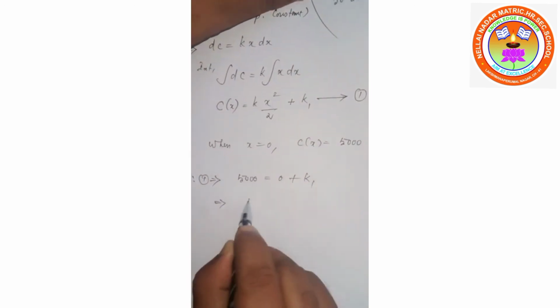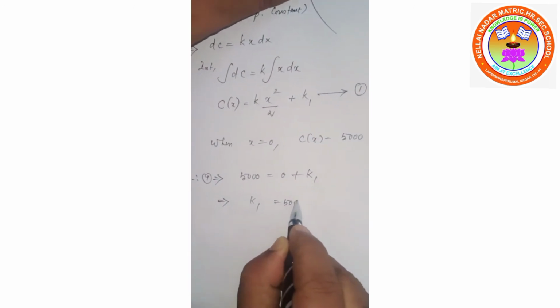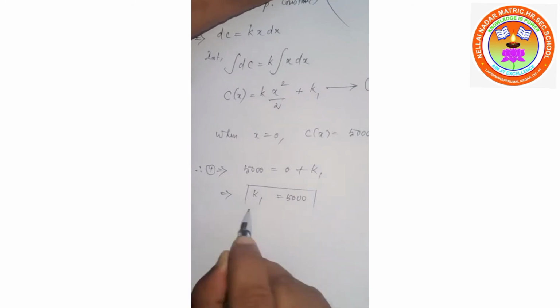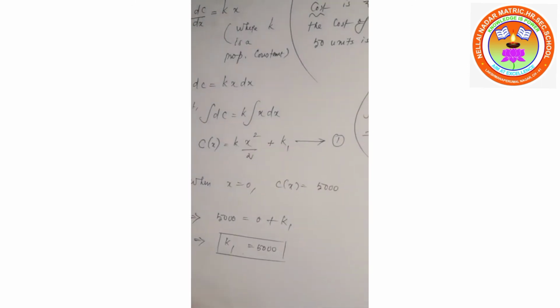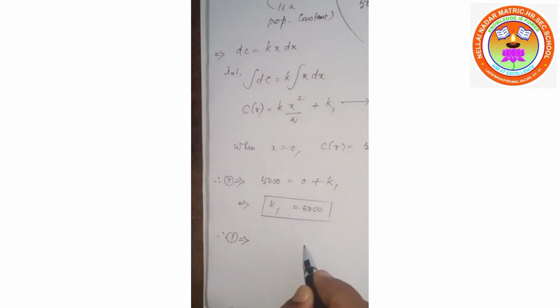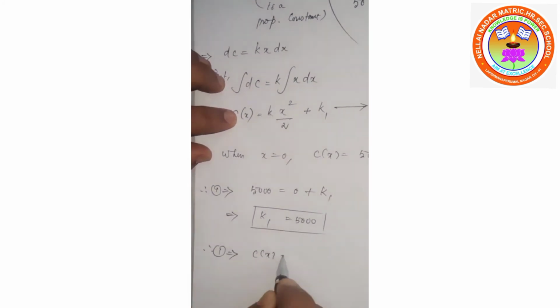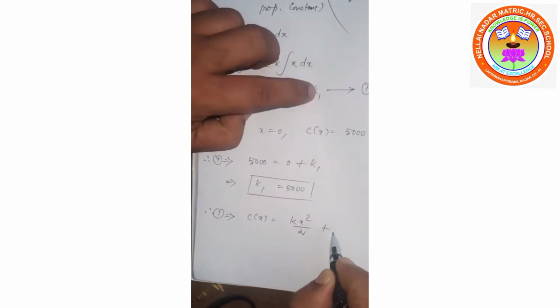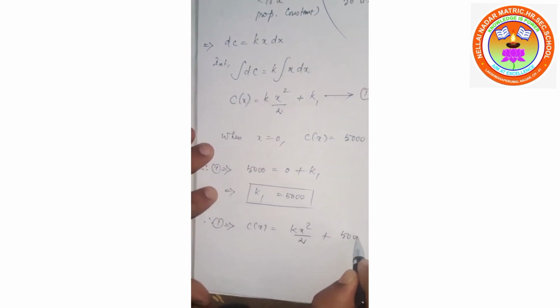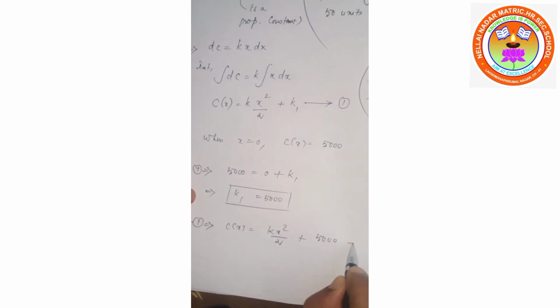So what is the value of k1? k1 equals 5,000. Substitute the value of k1 in equation number 1. Therefore, C of x equals kx squared by 2 plus k1, where k1 is 5,000. Let it be number 2.